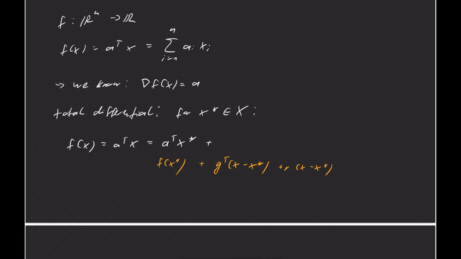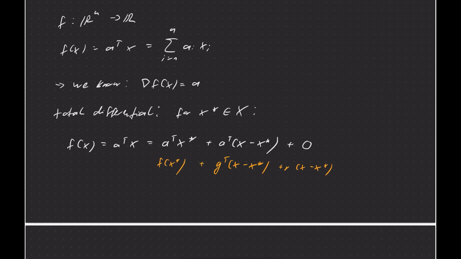And well, A transposed x is the same thing as A transposed x star. Well, not quite. So to correct for that, what we can do is add A transposed x and subtract A transposed x star. And then we're exactly back at A transposed x. Yeah, so the error we make is 0 with this approximation.